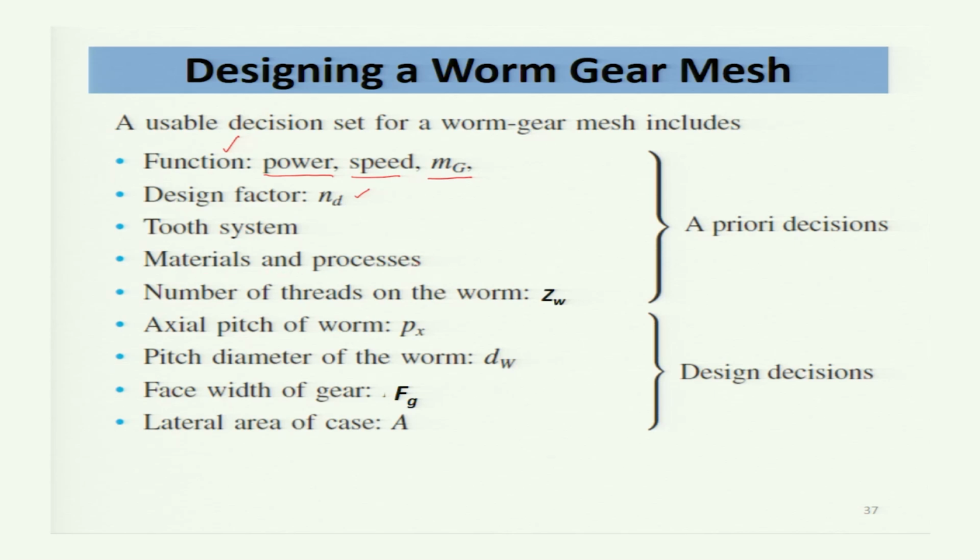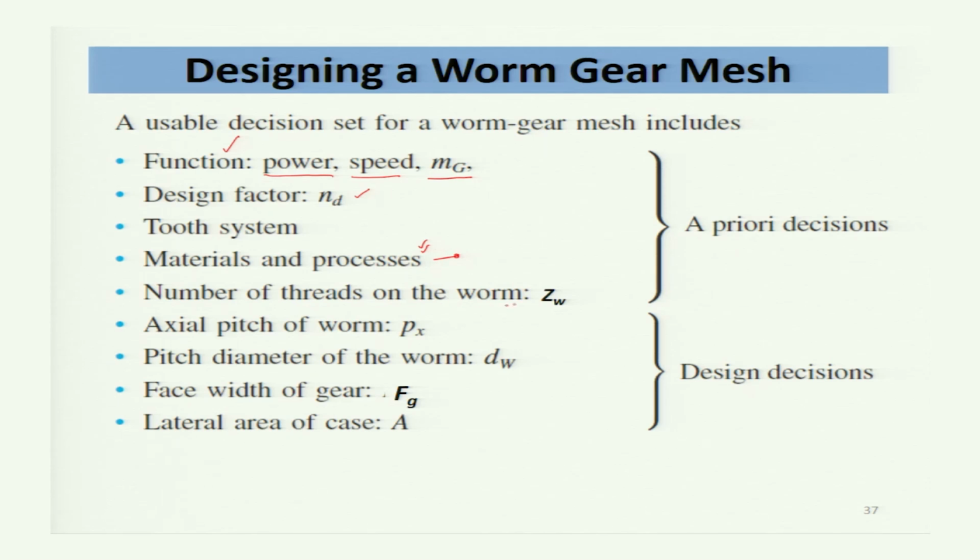Then the materials and processes, the material by which the gear is made, the material by which the worm is made and the process by which the gear is made, because process affects different factors as we have seen, if it is as cast or chilled casting or centrifugal casting. So the process should also be known to us.